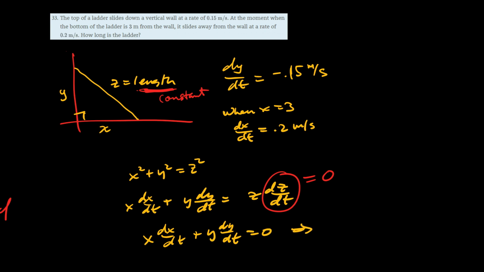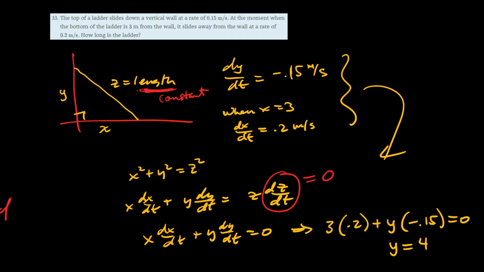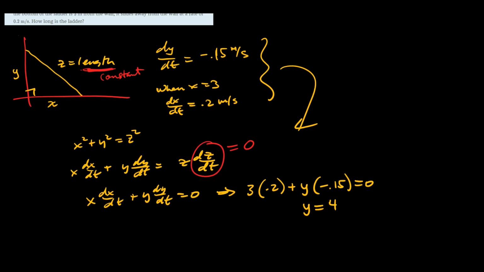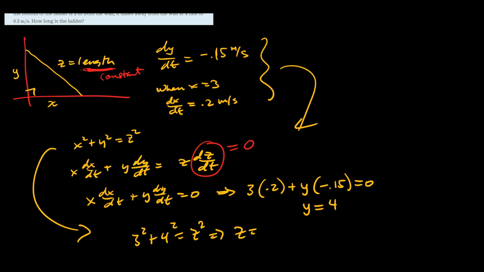And so when we plug in our values that are given up here, we get y equals 4. All right, so then when y is 4 and x is 3, using this equation here, 3 squared plus 4 squared equals z squared, so that must mean that z equals 5. And that is the right answer. There you go.